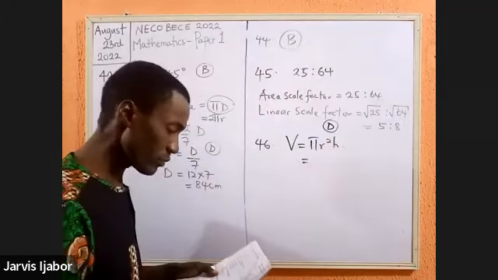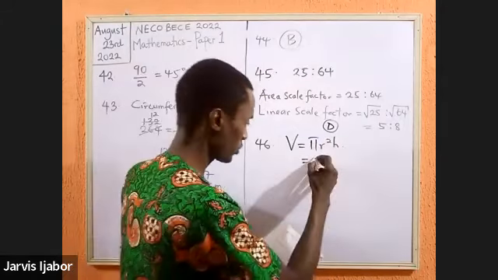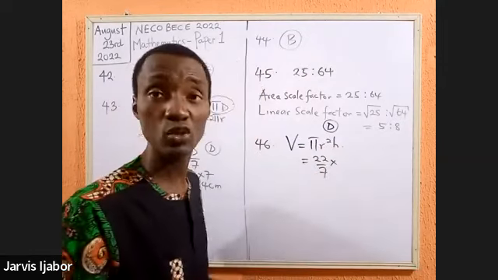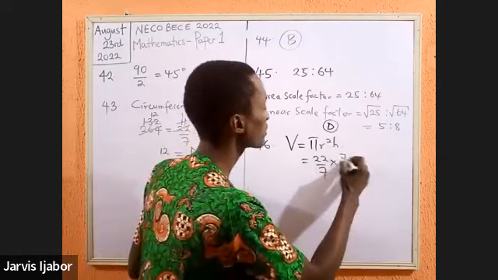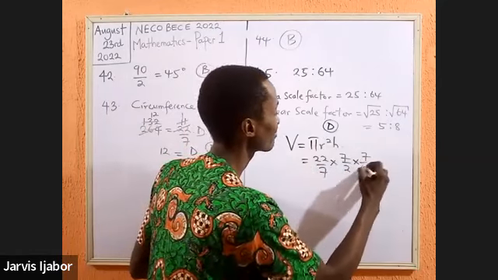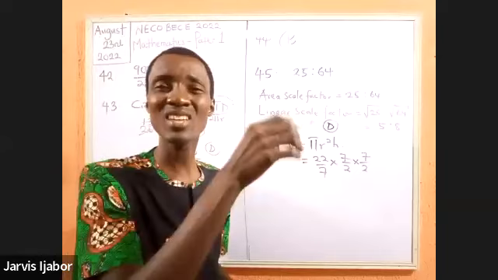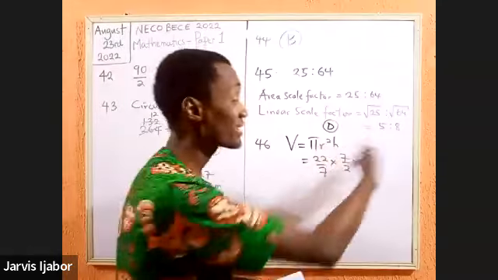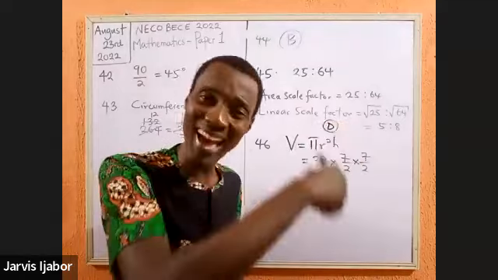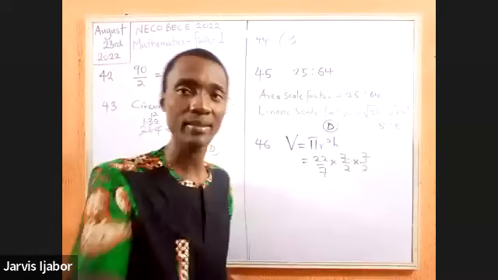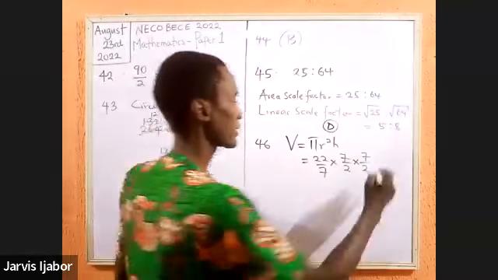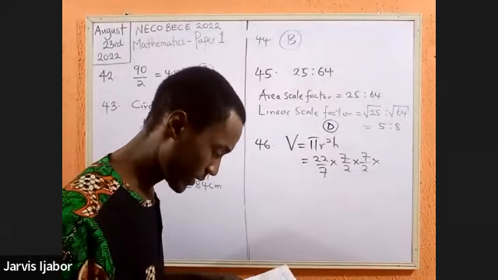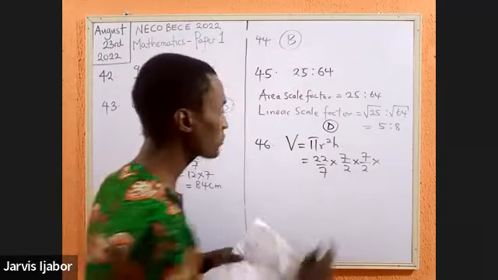So this will be 22/7. What is the radius? The radius is 7/2. R squared means 7/2 twice. Don't stress yourself by writing 7/2 all squared; that will confuse you. Write it out. R squared means write the value of R twice and multiply it, times the height, which is given as 12.